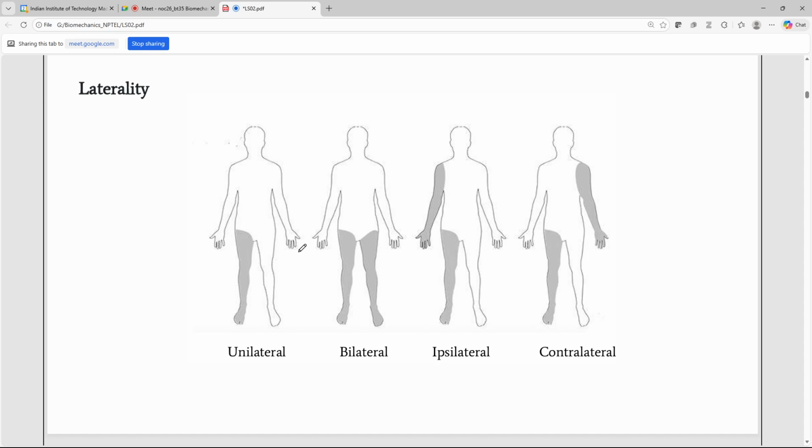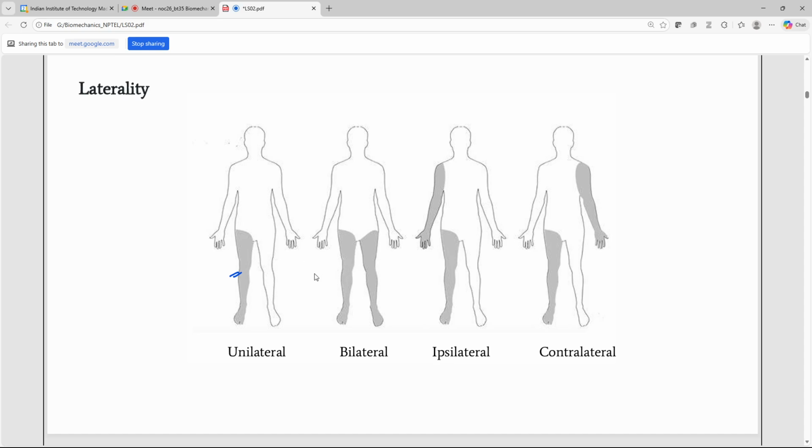Then another concept is laterality. When we are talking about only one side of the body, it's called unilateral. When doctors or physiotherapists talk about one particular limb or one side of the body, they use the term unilateral.